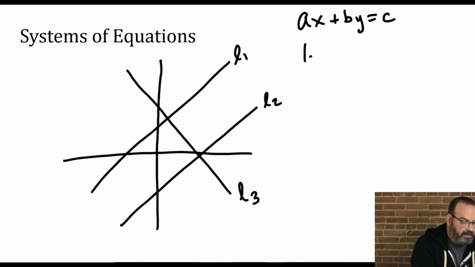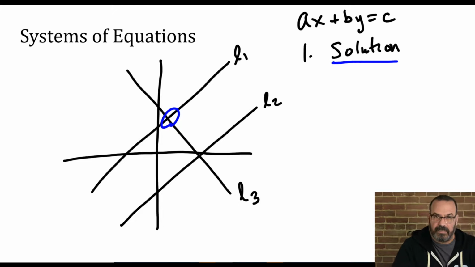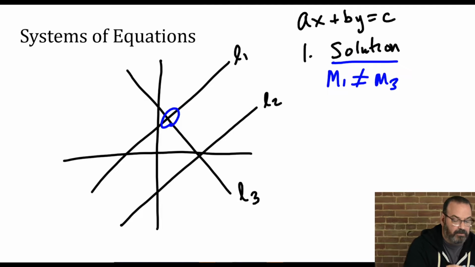So number 1, is there a solution to the system of equations? A solution is if they intersect. So a solution means two lines intersect. We know that two lines intersect if the slope of line 1 does not equal the slope of line 3.